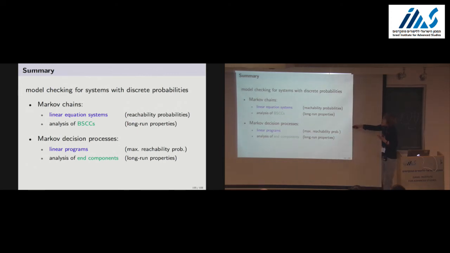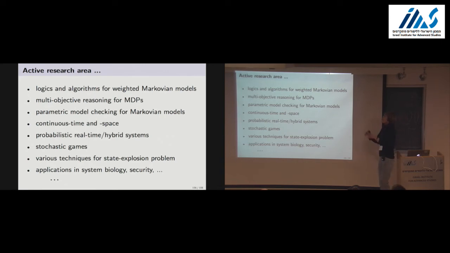This is also reasoning about BSCCs and this end component thing that I mentioned at the very end of the tutorial in the morning. So here we also have linear programs or linear equation systems. Altogether, probabilistic verification, at the very beginning in my first talk, I gave you some historical notes.